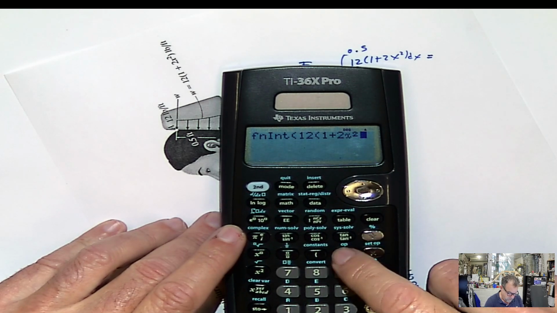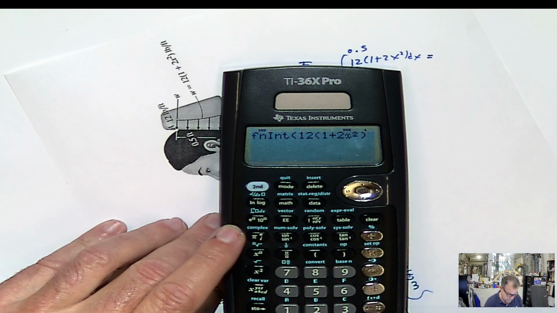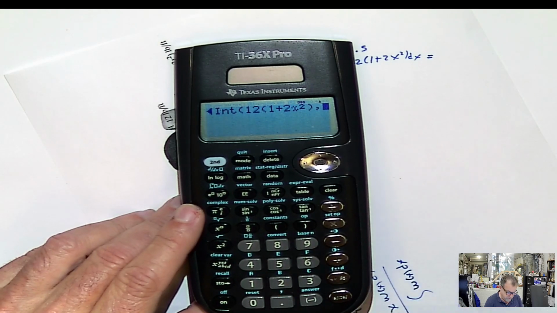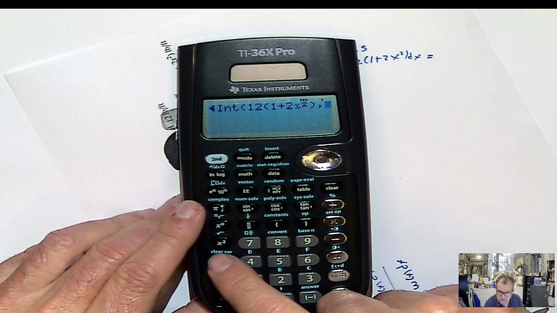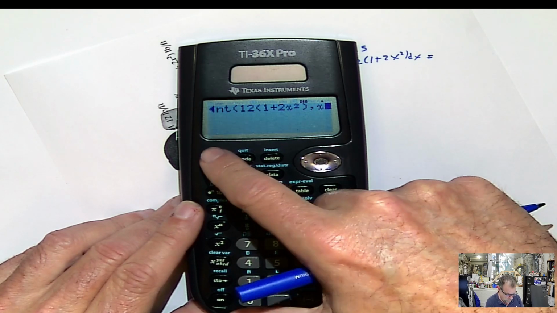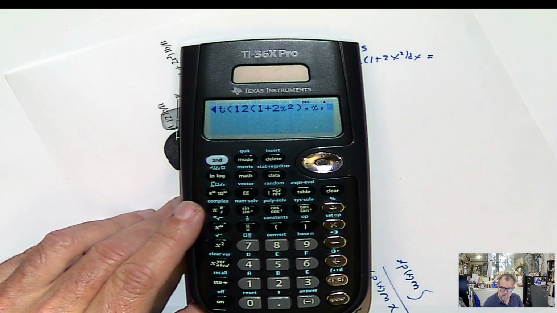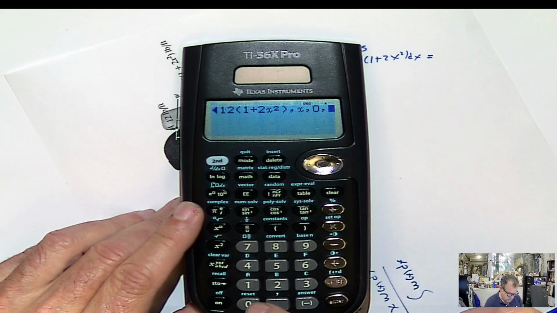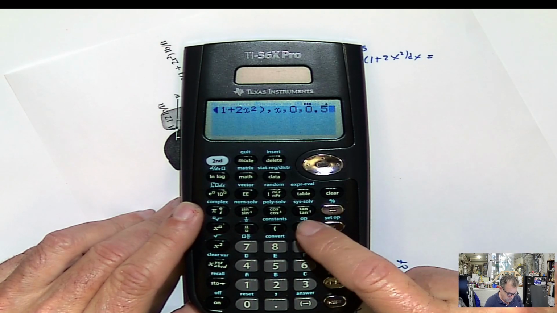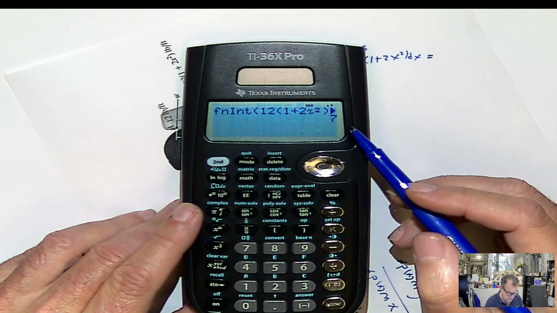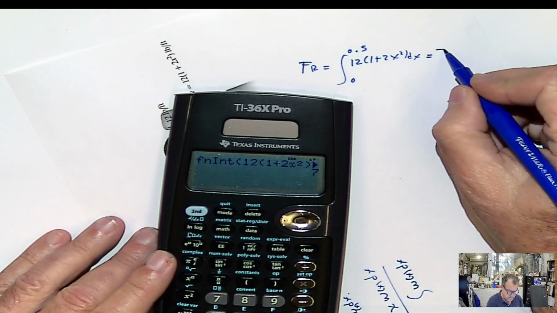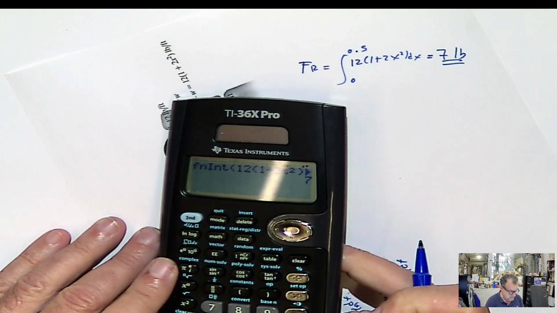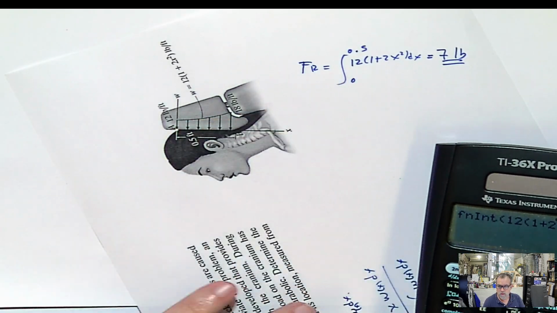That's the first thing that you put, the function. Then you put comma, then the variable. What is the variable? The variable is x. Then you put comma again, and then the limits 0, comma, and 0.5. Close parentheses, and then you get the result here, 7. 7 what? 7 pounds. That's the result that you are looking for regarding resultant force.